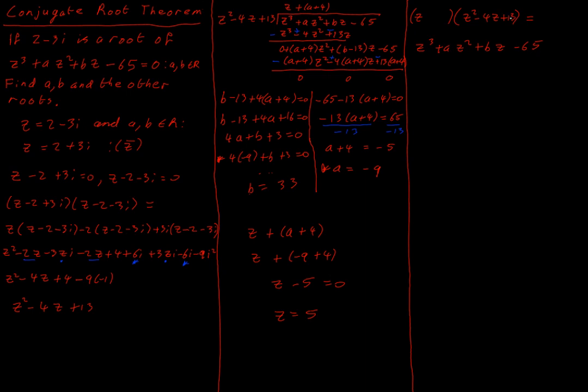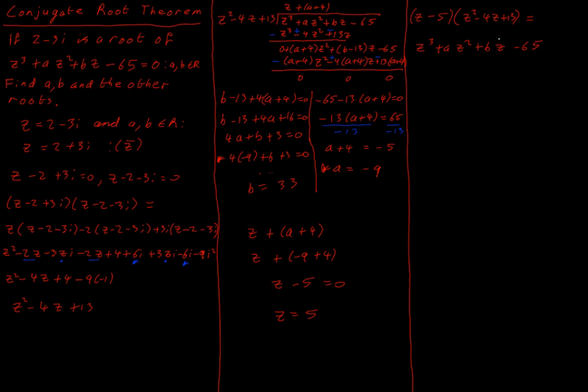So if this is 13, what do I need to multiply by in order to end up with minus 65? Well, I can just do it by division if I'm not sure: minus 65 divided by 13 would give me the number that would necessarily be in here, and it is going to be minus 5. So that gives me my third factor a little bit quicker than this method.